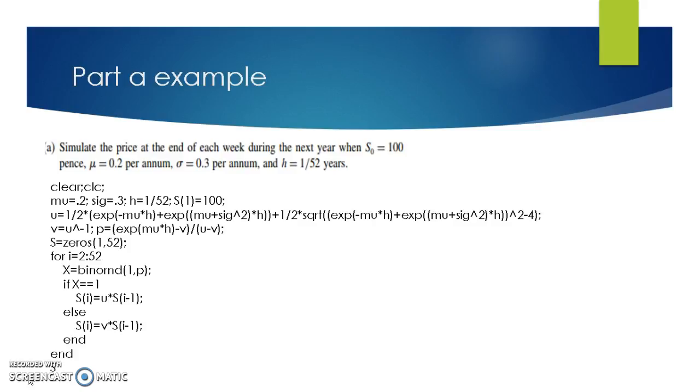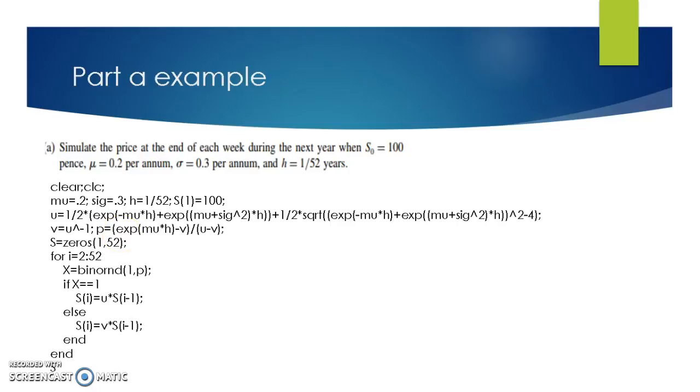So our MATLAB code that we have here, basically the first line is just clearing previous stuff. The second line are these values that they've given us. The third line, that U, is the equation that we saw previously. The V is the downward movement. The S here, or actually, sorry, I forgot about the P. The probability is from the previous slide as well.